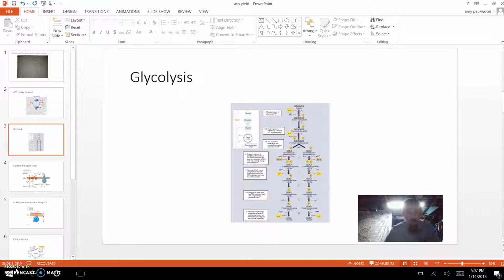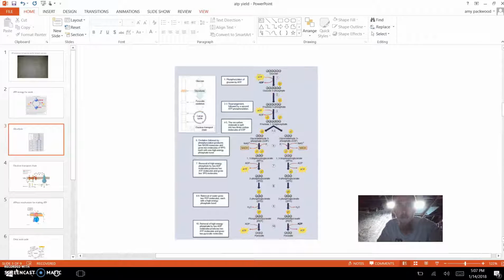So the beginning point is glycolysis, and we have this diagram right here. Basically, you have the glucose molecule, and then it goes through the process of glycolysis, and this is a 10-step process. A bunch of enzymes and coenzymes, a lot of redox, oxidation and reduction processes.